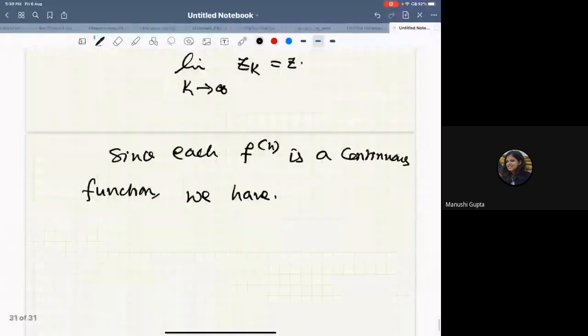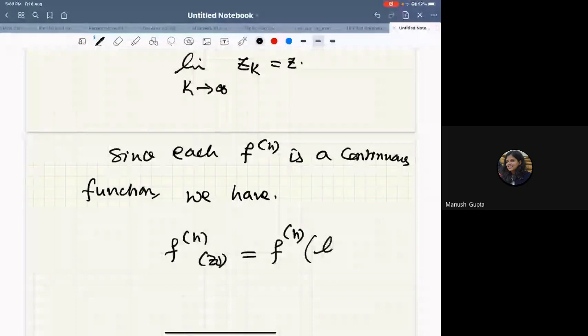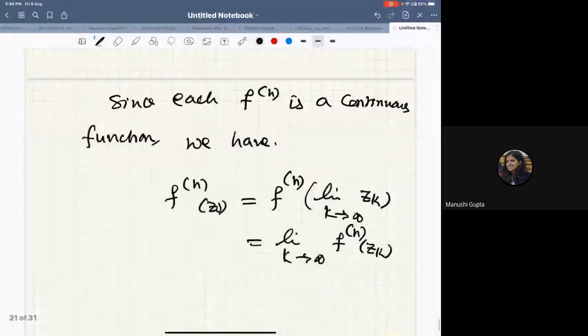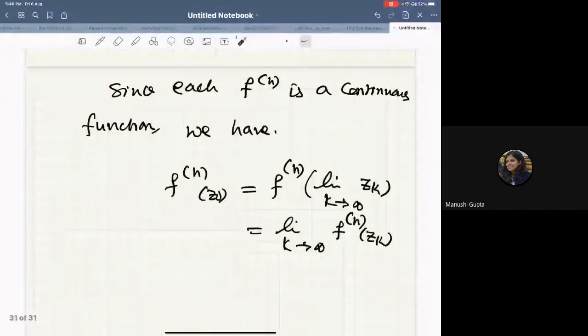So Fn of Z0 equals Fn of the limit as k goes to infinity of Zk. So this is the same as the limit as k goes to infinity of Fn of Zk. So what is Fn of Zk?